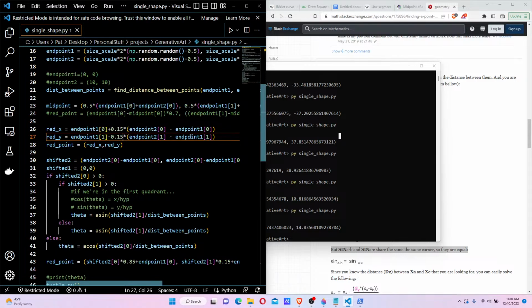Now save that. Okay, and what's this red point look like?